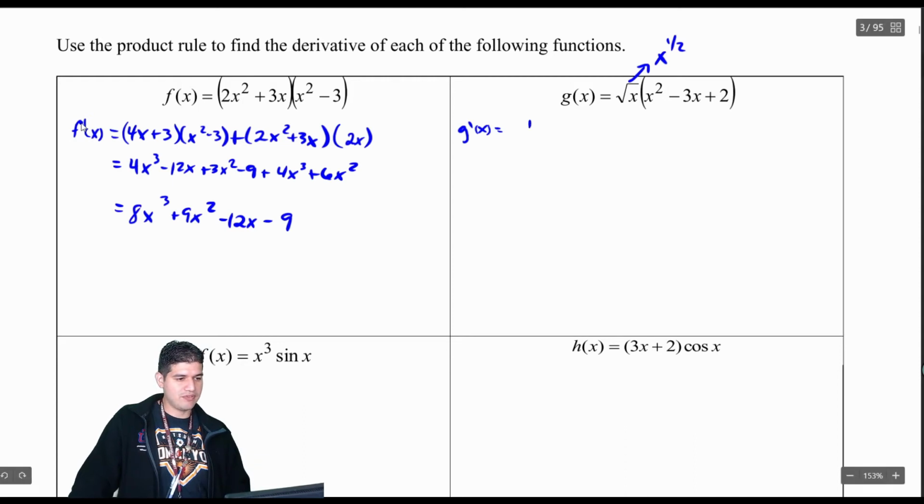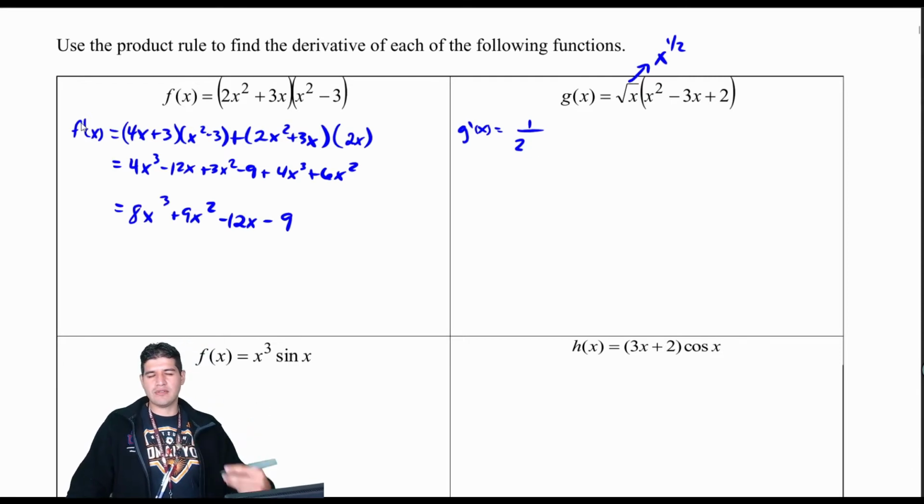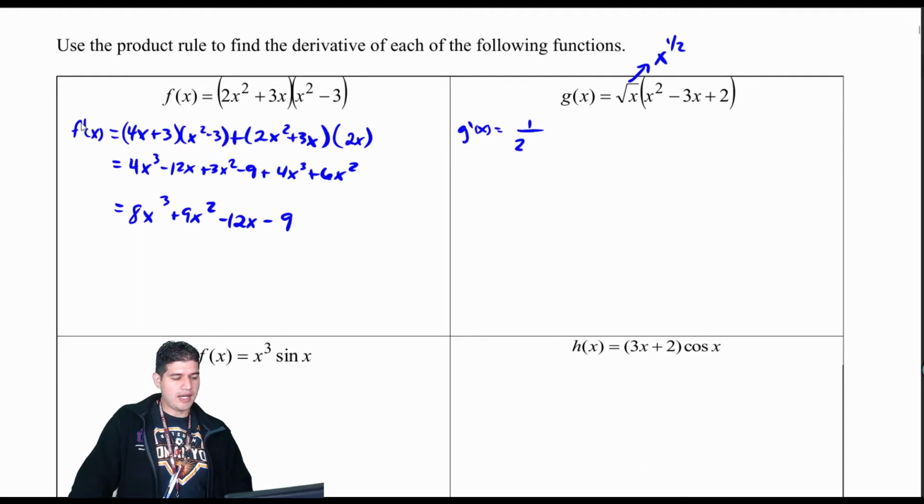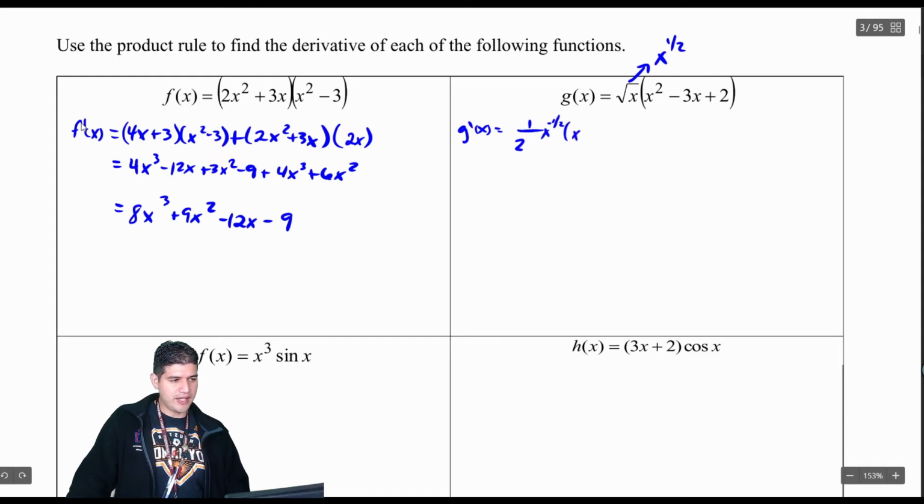Hopefully you are at the point where you're taking those square roots very quickly. But I will write this 1/2 x to the negative 1/2 times the second, so x squared minus 3x plus 2, plus the first, so x to the 1/2, times the derivative of the second, so 2x minus 3.